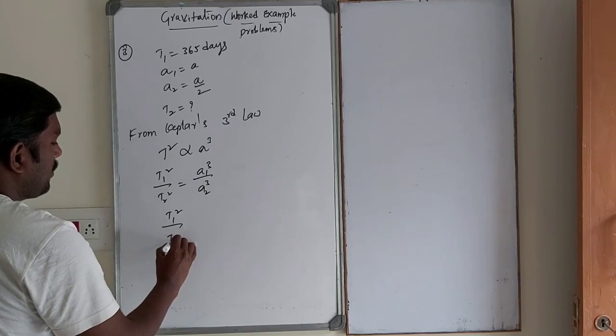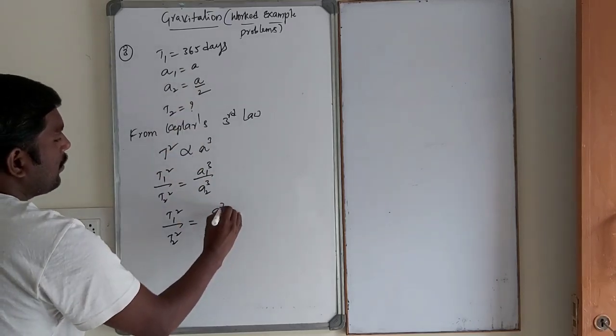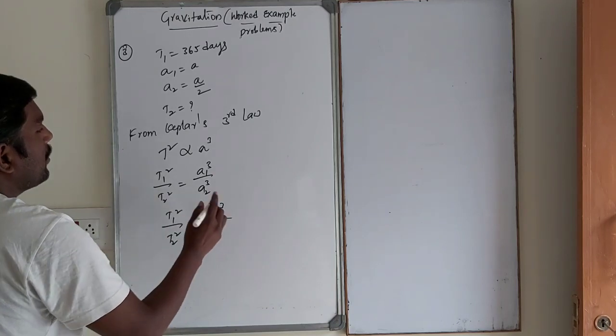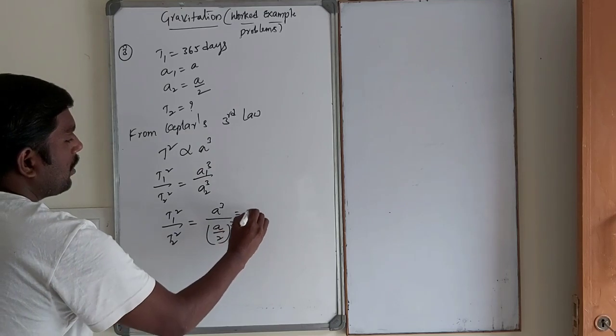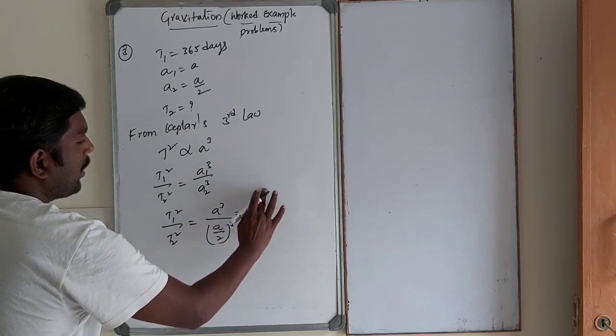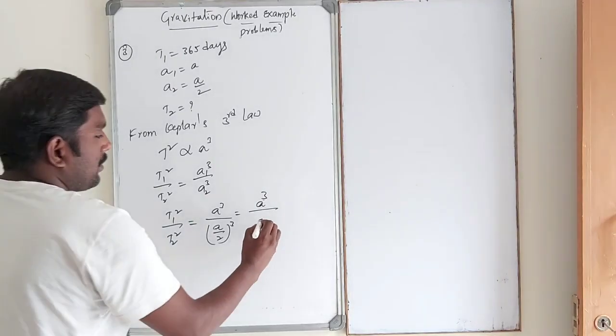So T1 square by T2 square is equal to, what is the value of A1? A, that is A cube, divided by what is the value of A2? A by 2 whole cube, that is A cube divided by 8.